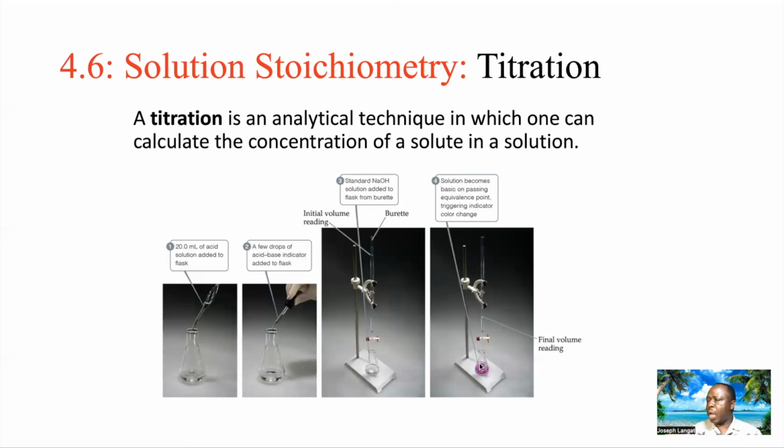There are terms you need to remember. You need to define titration, of course, which is an analytical method by which chemists determine the molarity or concentration of a solution. And then equivalent point.